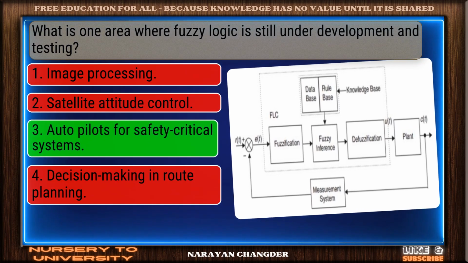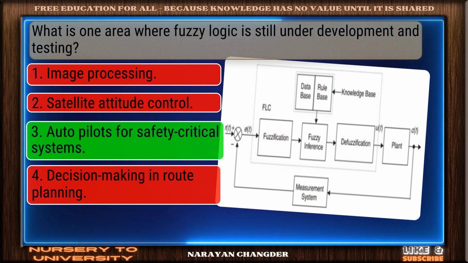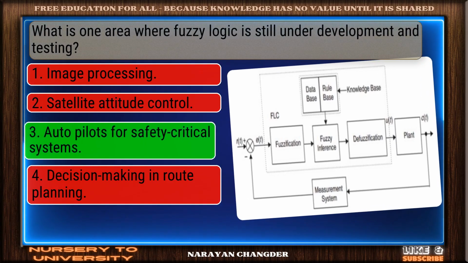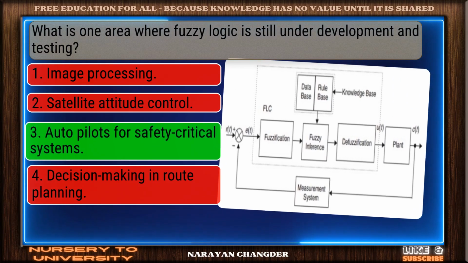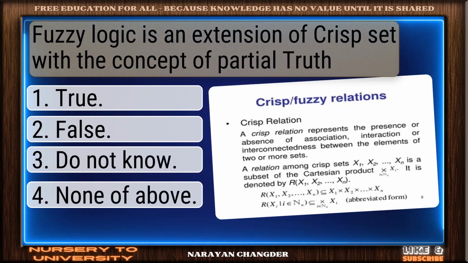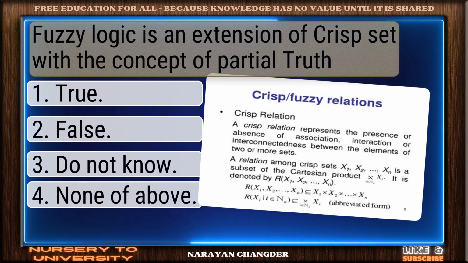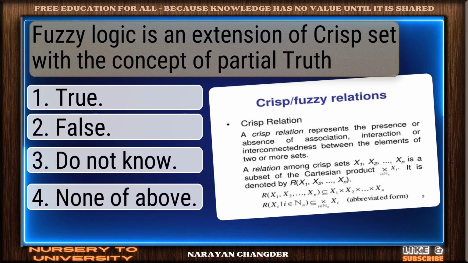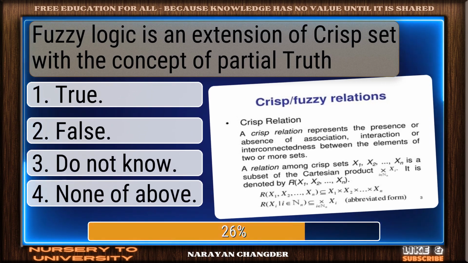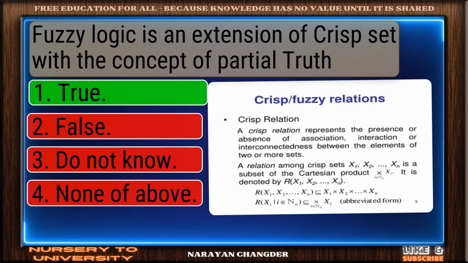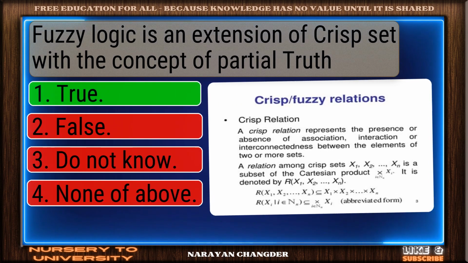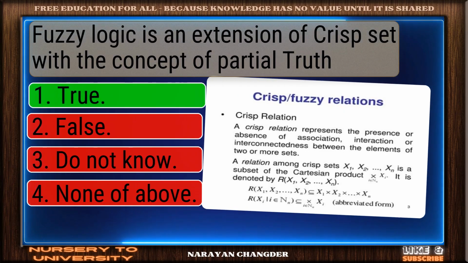Clear logic. Your choice, autopilots for safety critical systems, is sound and 100% true. Question number 18. Fuzzy logic is an extension of crisp set with the concept of partial truth. Great thinking. True is the right choice.